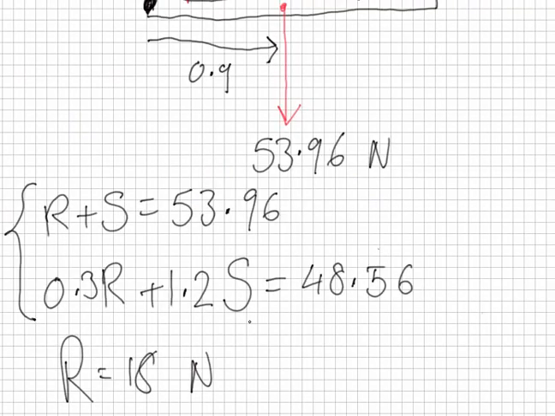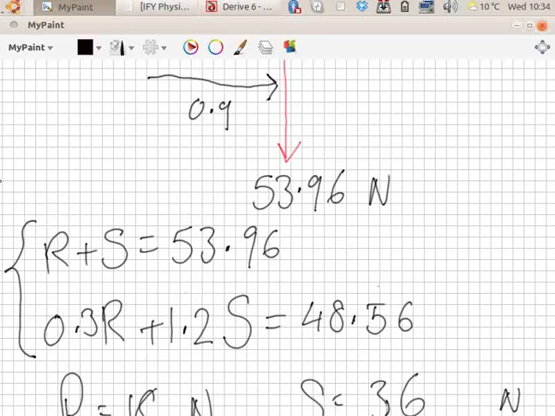If you round that off to 1 decimal place, it would be 36 newtons. I'm not going to solve it by hand because that's a maths thing, which you should be very comfortable solving, a 2-variable system.